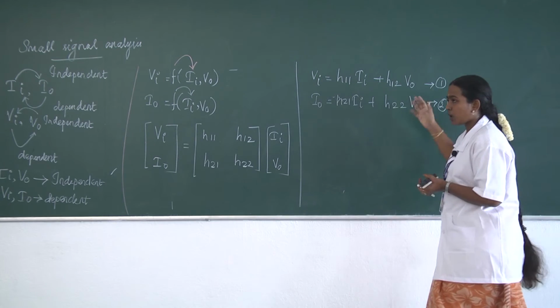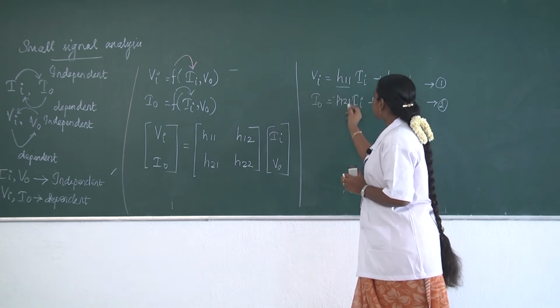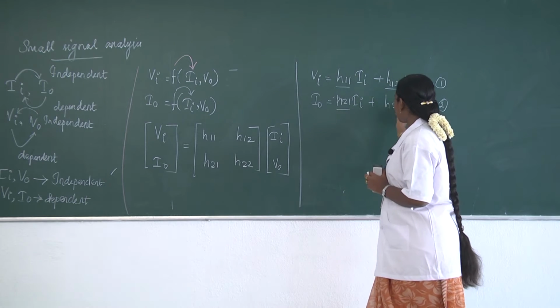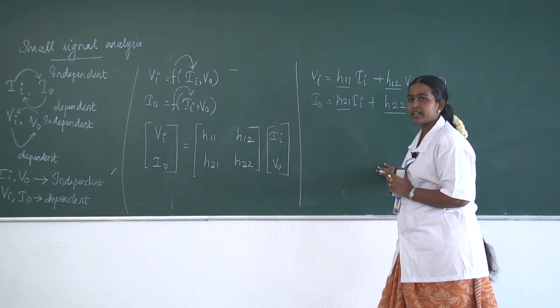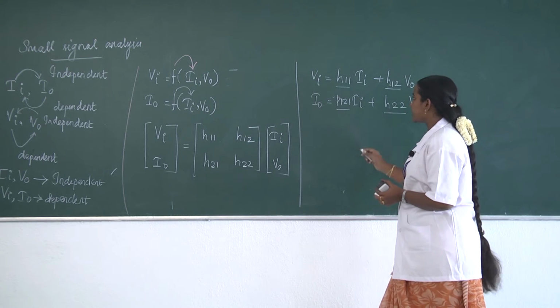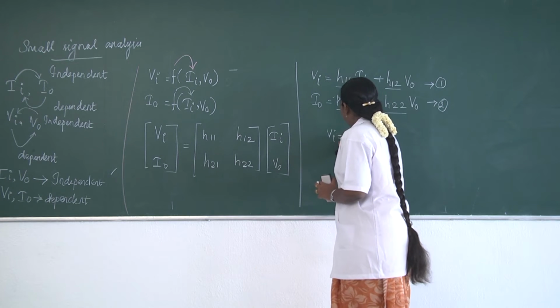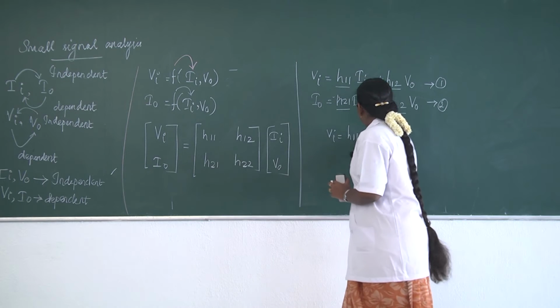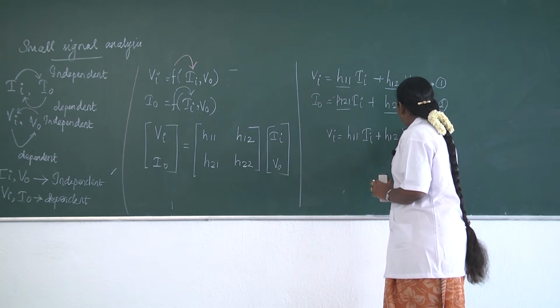Okay. So now what we have to do is we are going to find these values, that is H11, H21, H12 and H22 in order to replace it here to draw it into a circuit. So first we can take the first equation, that is VI is equal to H11 into II plus H12 into V naught.